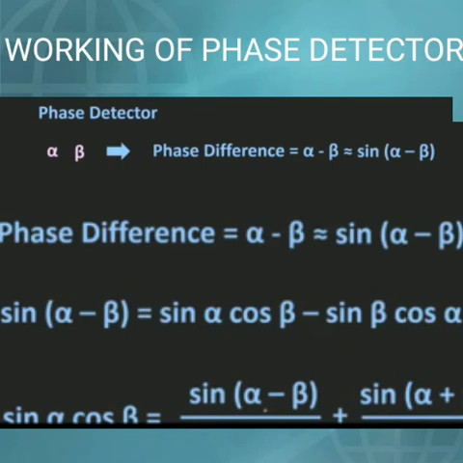One signal from the output of the VCO is given to the phase detector. There the two signals are multiplied together, and by the process of multiplication we get two signals, one will be the summation of the signals and one will be the difference of the signals.